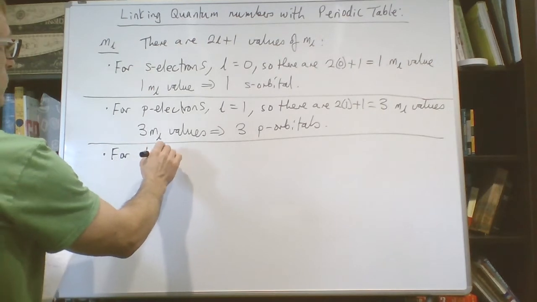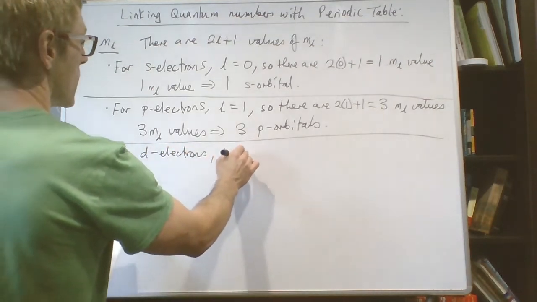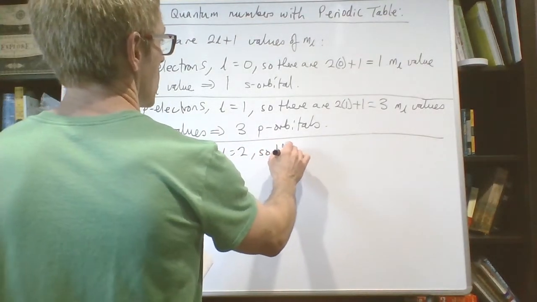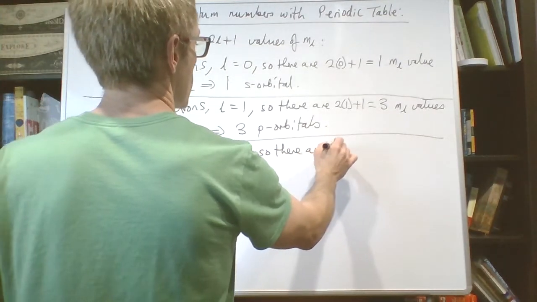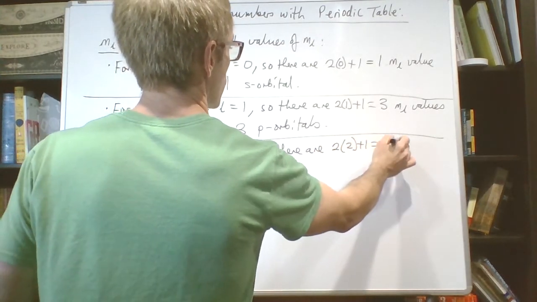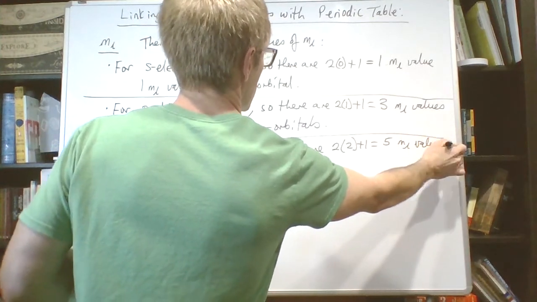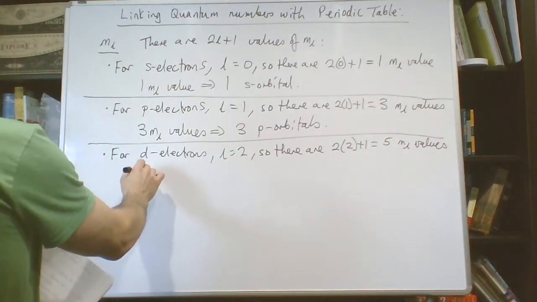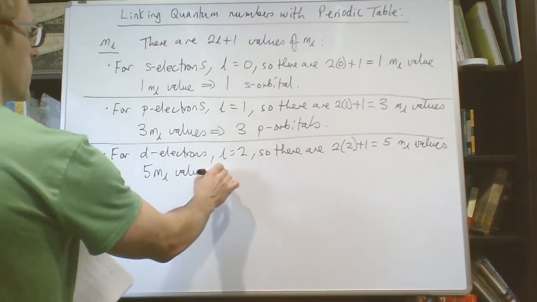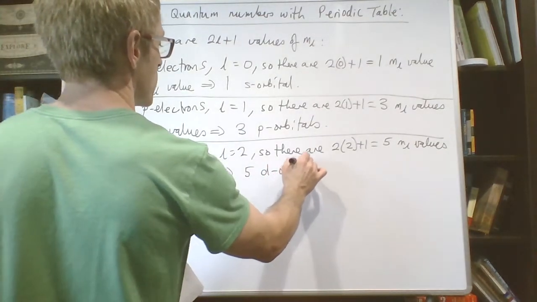For d electrons, L is 2. So there are 2 lots of 2 plus 1, which is 5 ml values. And those 5 ml values imply 5 d orbitals.